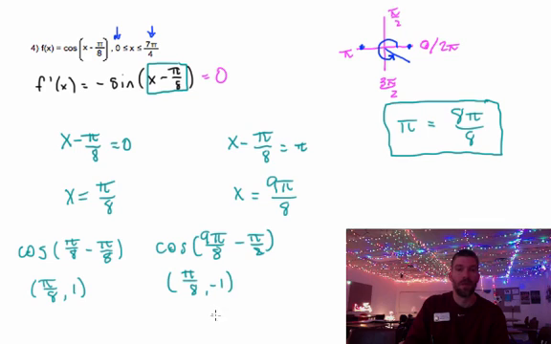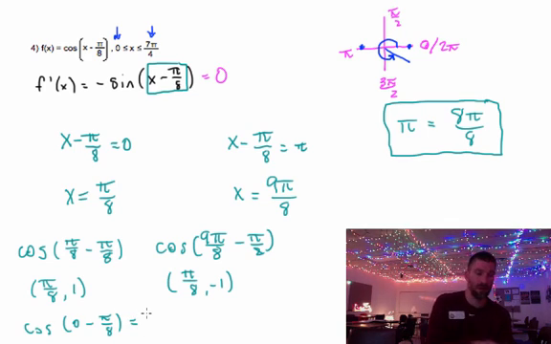And now what we have to do is investigate what's going on at these two other endpoints. Well, we're not super handy with pi over 8s. But we do have cosine of 0 minus pi over 8. And when I do that, I'm going to take the cosine of negative pi over 8.